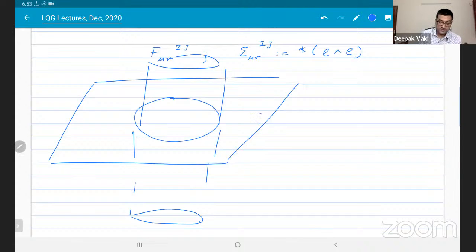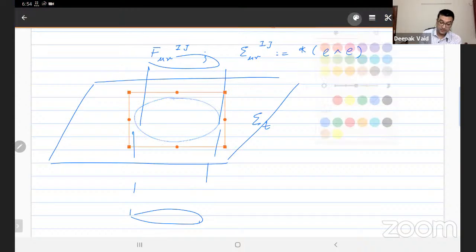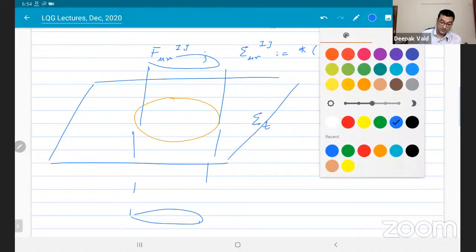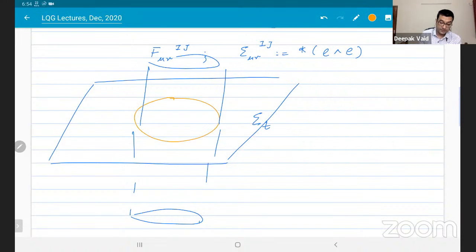So this is a single foliation at a constant time, and this foliation will intersect your horizon at some boundary, and this boundary is your trapped surface. At this boundary we will define a set of triad fields. Basically this has the topology of a two-sphere.